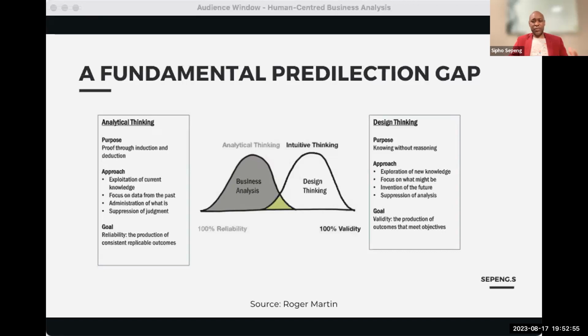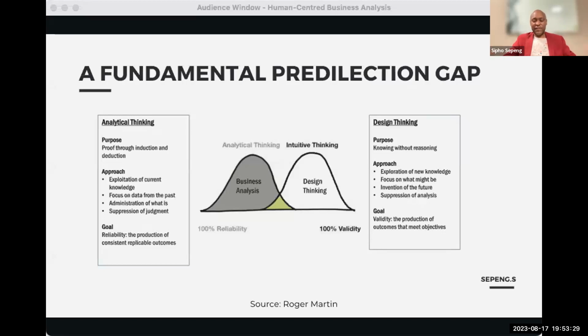Despite their differences, both design thinking and business analysis tools share a common goal, and that is to enhance problem solving and decision-making processes. Both approaches seek to understand user needs and requirements to drive the development of successful products, services, or solutions. Integrating elements of both methodologies can lead to a comprehensive problem solving and solution development.